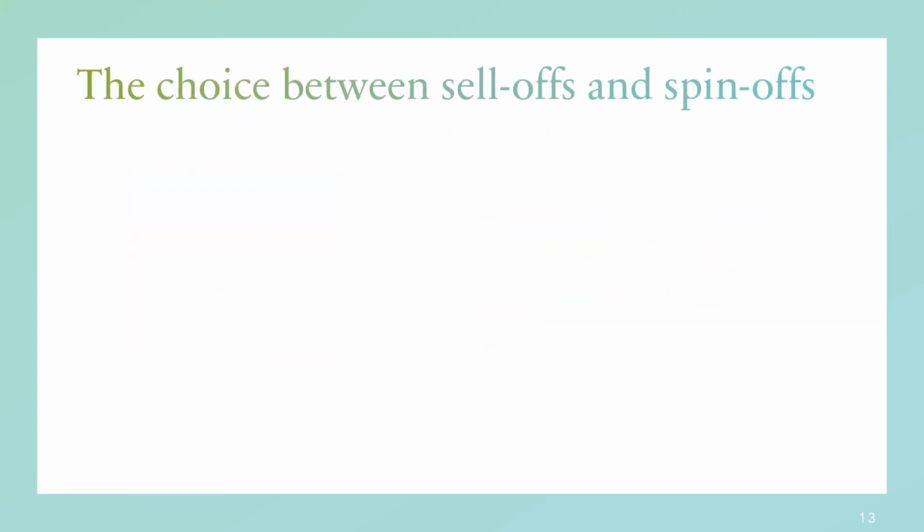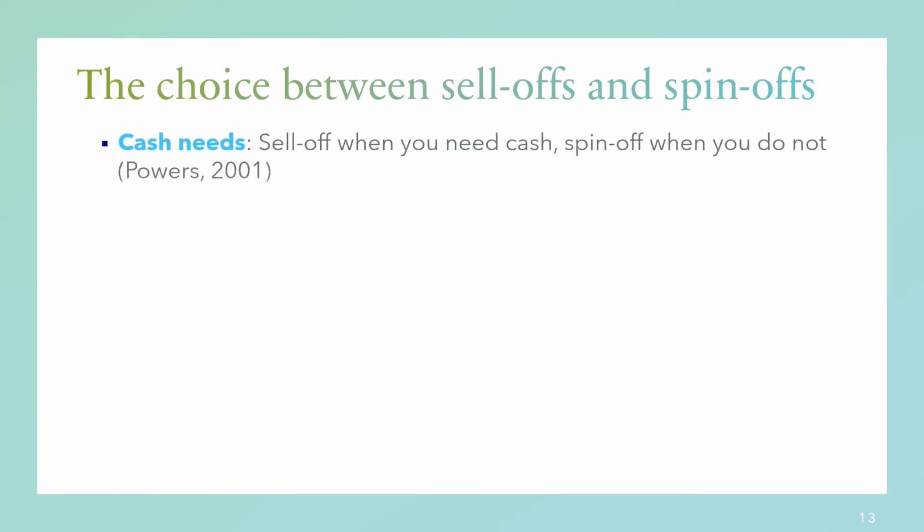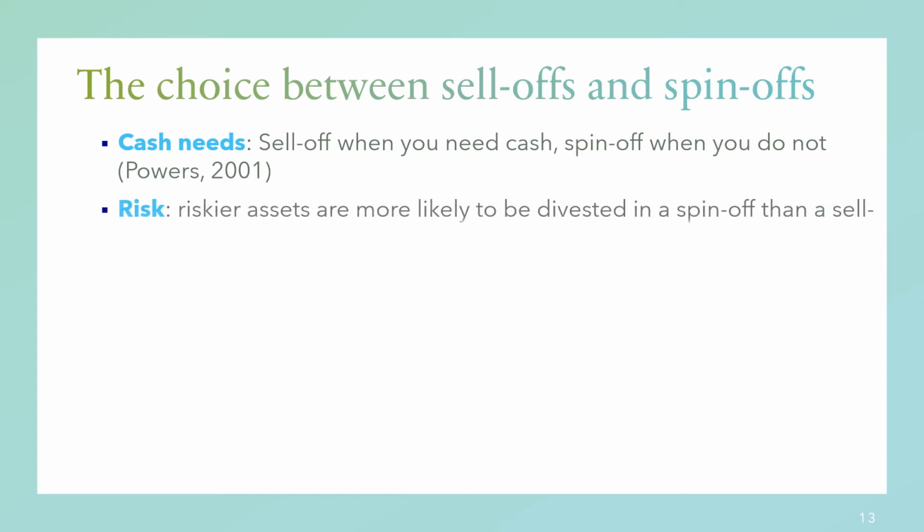What are the major considerations behind the choice between sell-offs and spin-offs? If you are a finance manager, which choice would you select? Let's survey the literature. First, researchers found that if cash need is important to the company, sell-off is a better choice. Second, riskier assets are more likely to be divested in a spin-off than a sell-off.